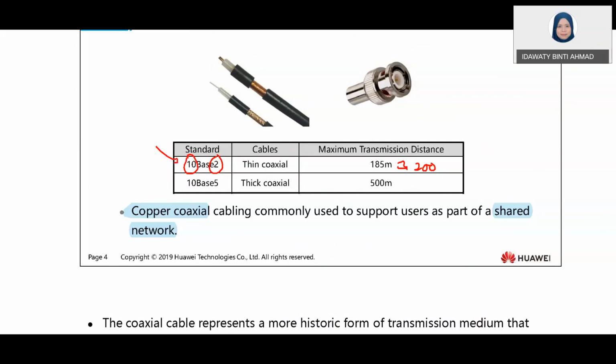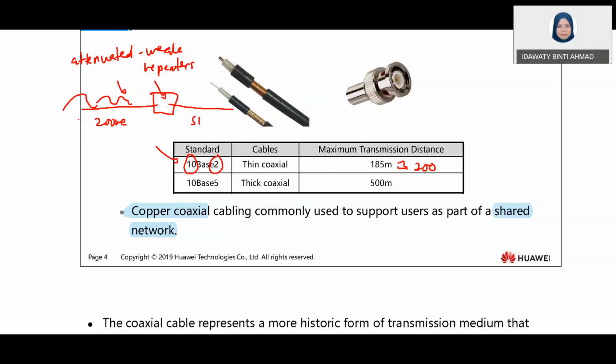The maximum is 200 meters before you need a repeater, because the signal will travel and become attenuated, become weak. So after 200 meters you need a repeater so that you can make the signal strong again and transmit. So this is what it means by maximum transmission distance.